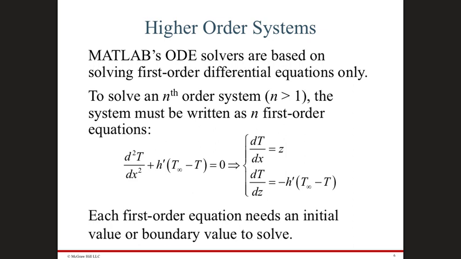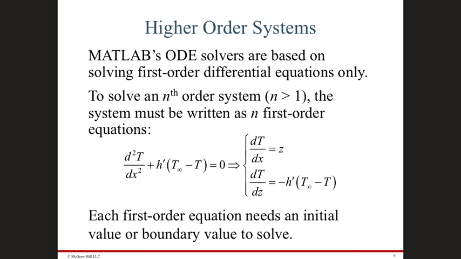So the final description comes into a second order differential equation. How can I solve this with the tools that we have learned so far, which only solve first order ordinary differential equations? Very simple. Assume that the first derivative of your dependent variable is called another variable z. So the first derivative of T with respect to x is called z, and then this second order derivative becomes the derivative of z.